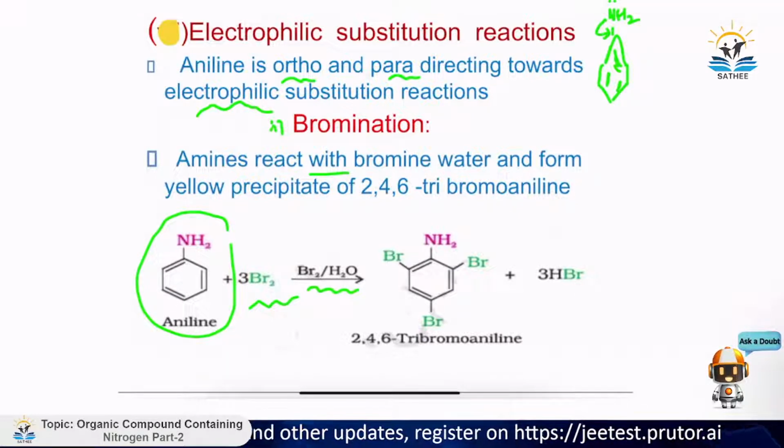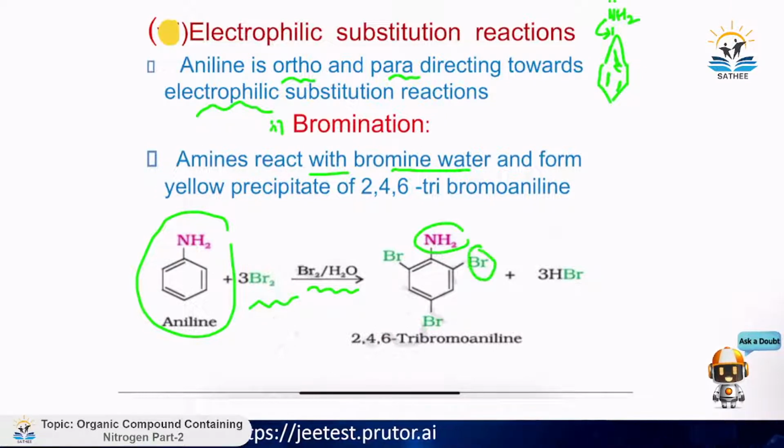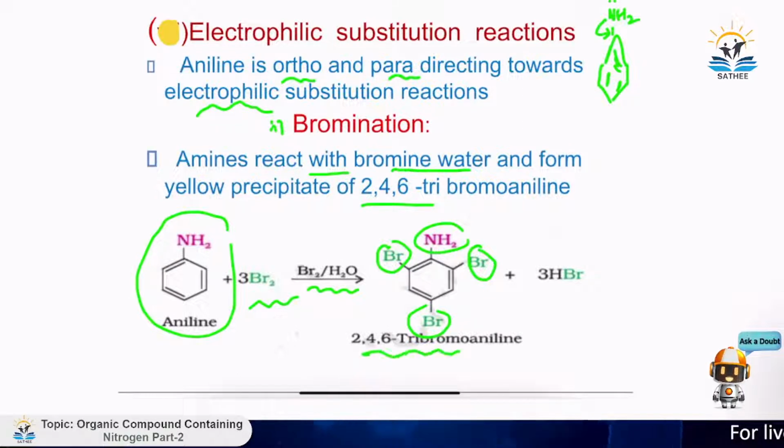So what will the amines do? They will react with bromine water, and since it is so much electron donating, ortho and para directing, all the three positions, two ortho and one para position, will be substituted by bromine to form what? 2,4,6 tribromo precipitate.